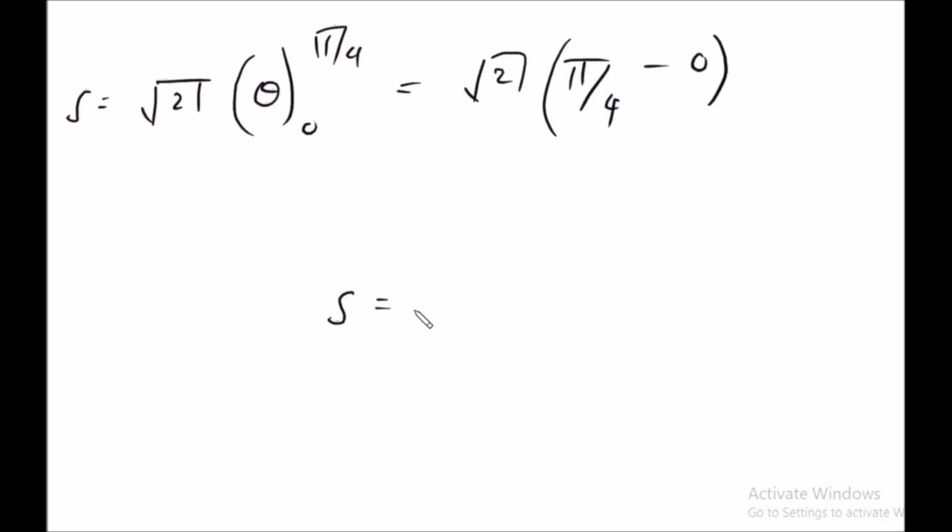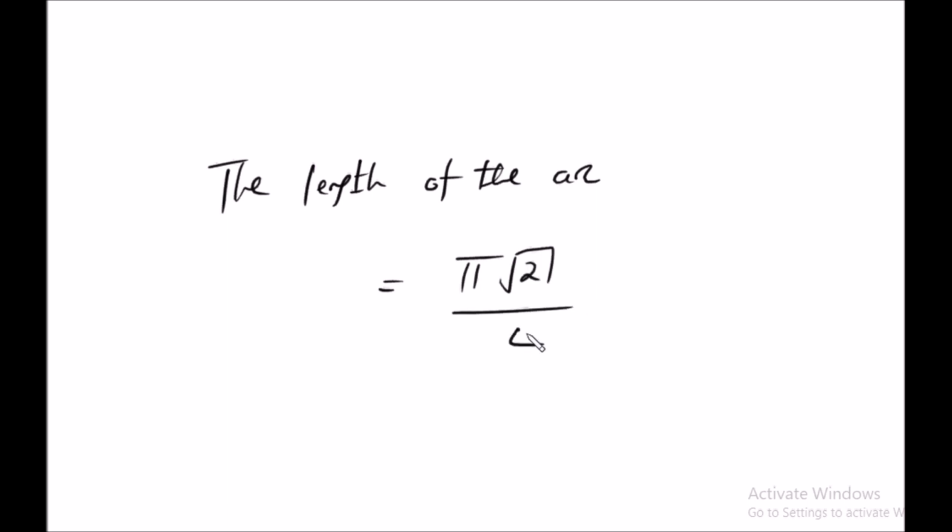So finally s ni sasa na the square root of 2 times pi over 4. So kwa swali letu la pili now, the length of the arc itakuwa ni pi the square root of 2 over 4. Let me say see you in the next tutorial.